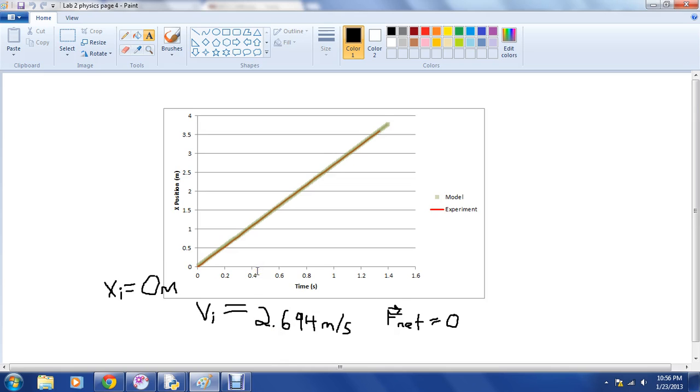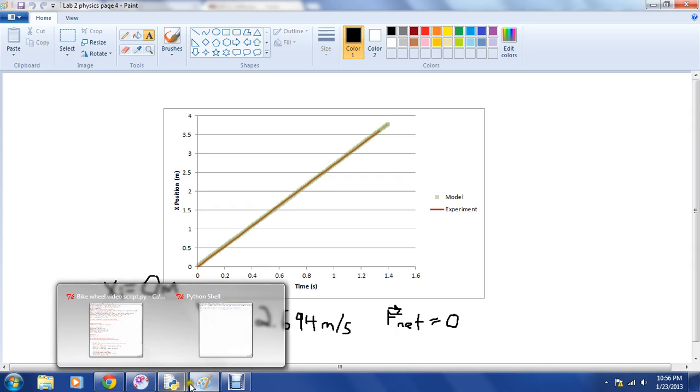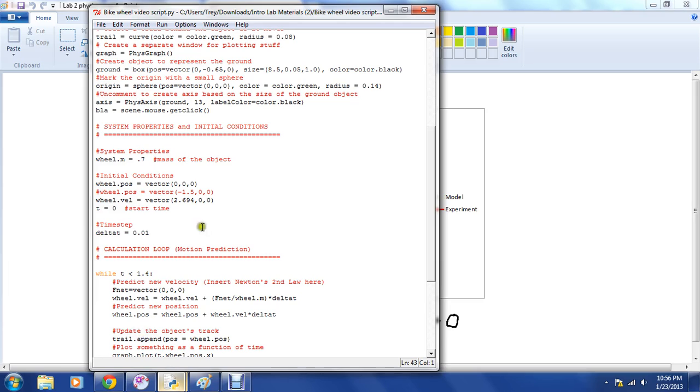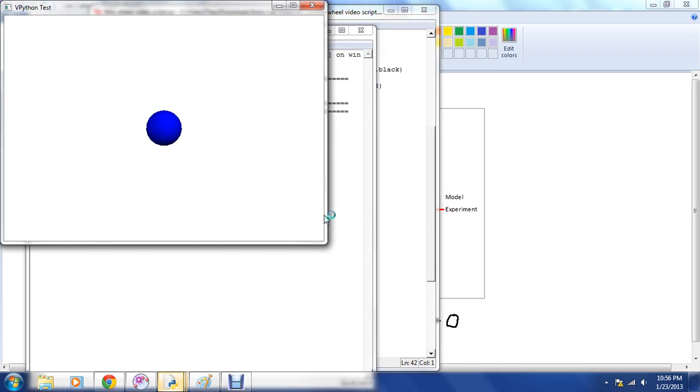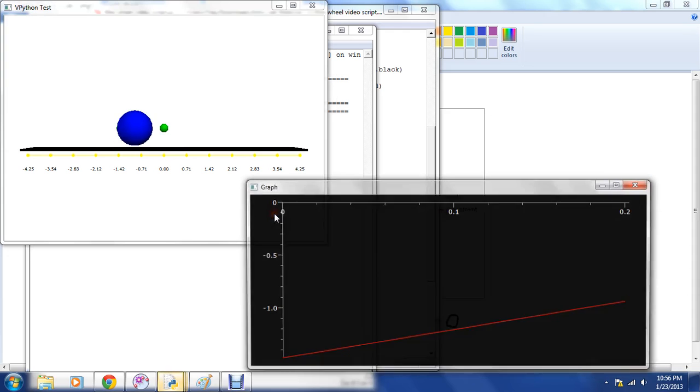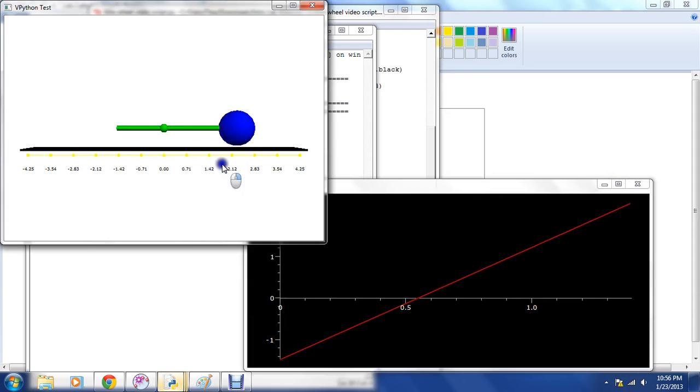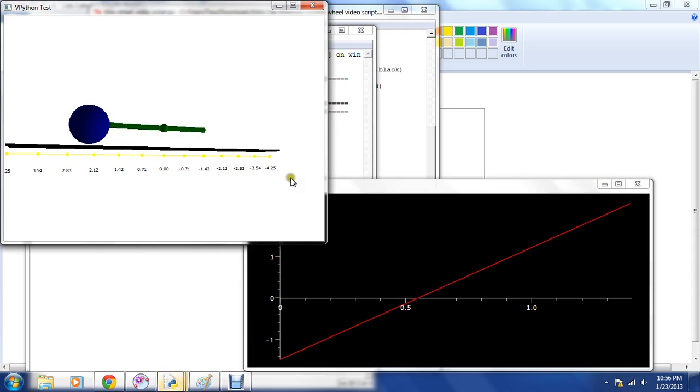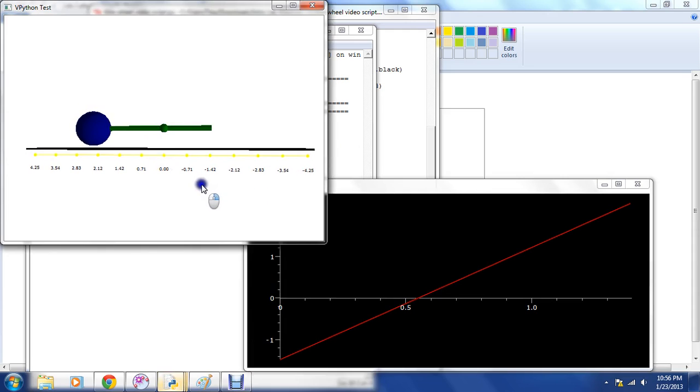And then the what-if: discuss briefly how your results would change and stay the same if you made your choice of origin different. We can go to the model to look at this right now. Here, if we just change the initial position, instead of being at 0, to being negative 1.5, let's rotate it so that it will be the same.